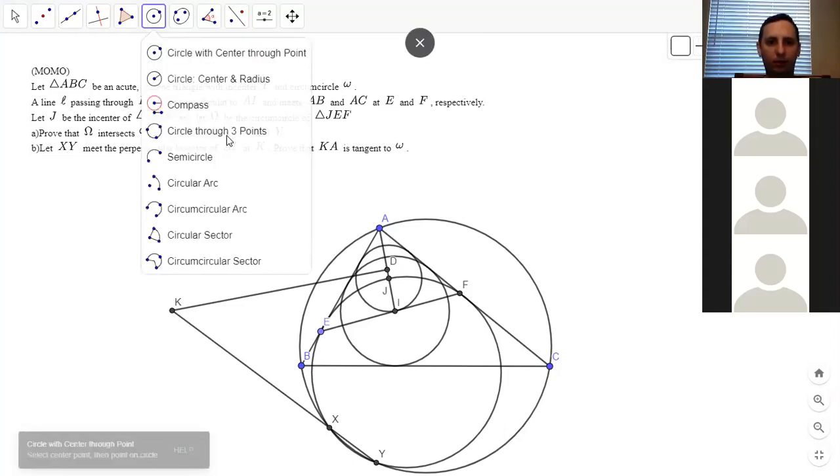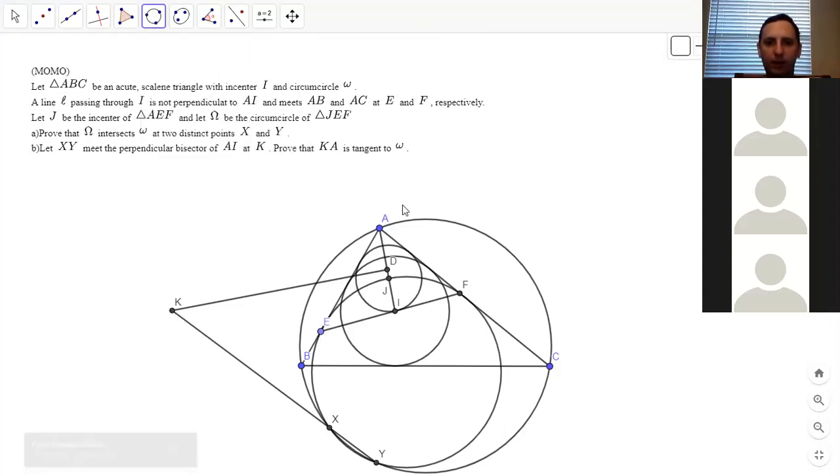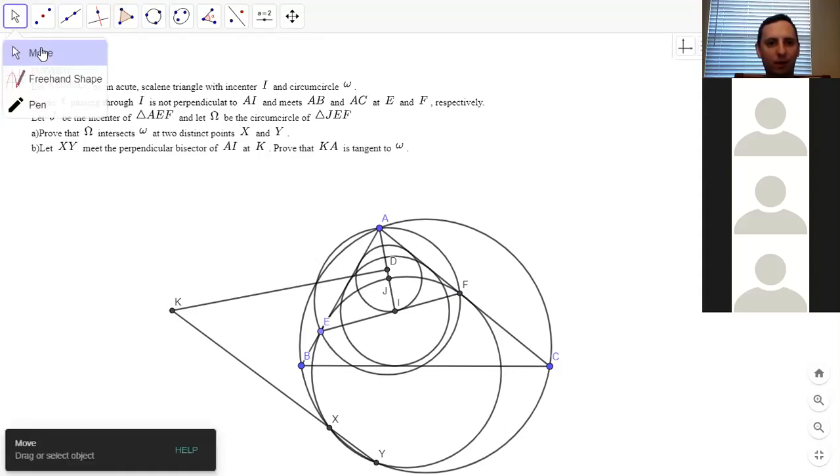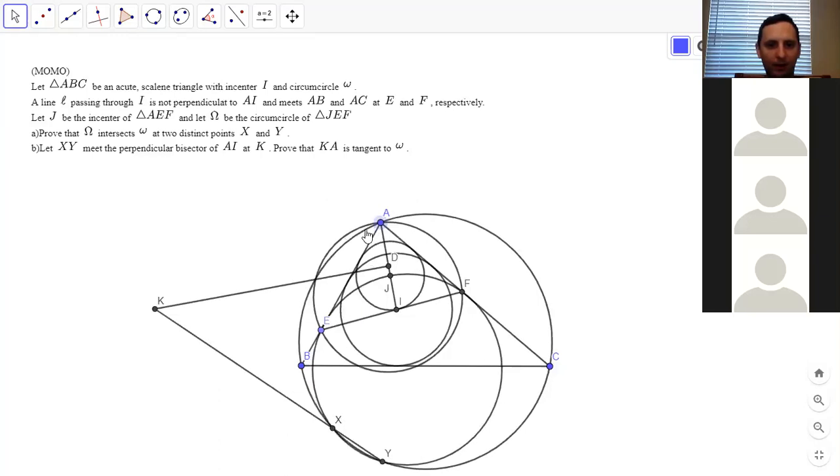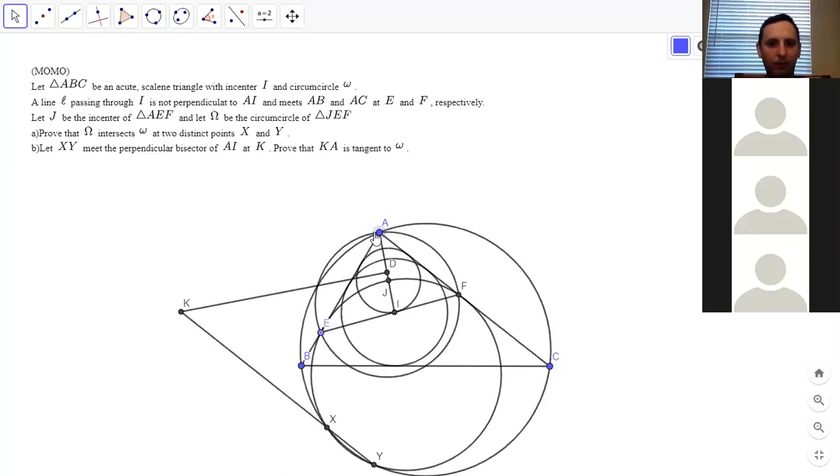So let the circumcircle of AEF meet ABC. Oh, it looks like it might pass through that point. Let's see. Yeah, it does. Okay, so we have to prove that.